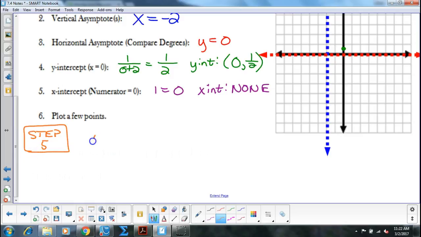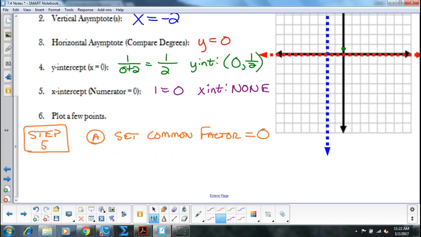So the first thing that you are going to do in your hole step is you are going to set your common factor equal to 0. Now you're only going to do step 5 if you factored something out in step 0. So maybe on your note sheet, put a little star next to step 0 that says, if we factor something out, you've got to do step 5.